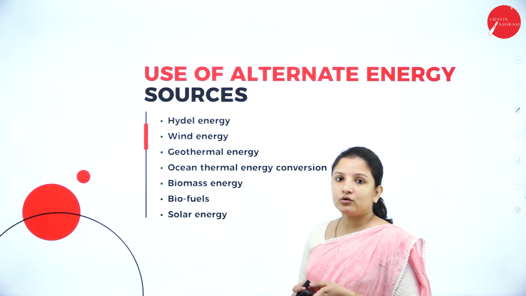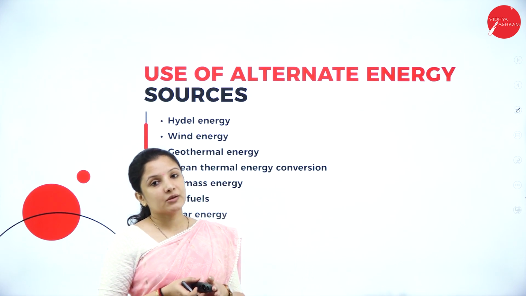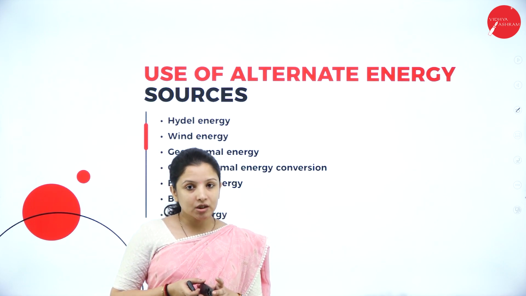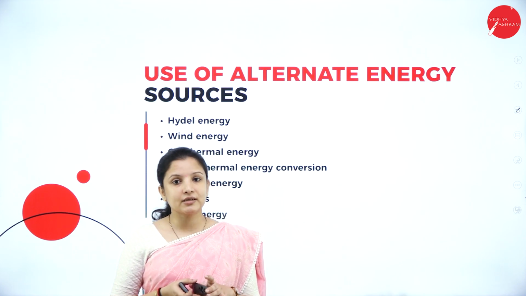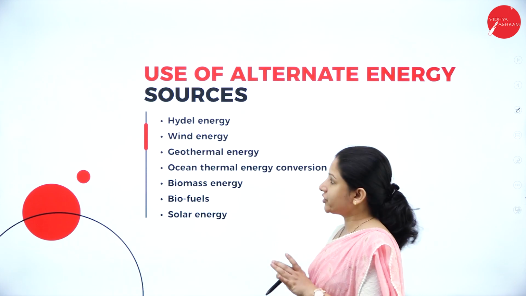Next, talking about the use of alternate energy resources. I told you, instead of depending on non-renewable energy resources, what alternate energy resources we can use so that we can prevent the depletion or the exhaustion of the non-renewable energy resources.